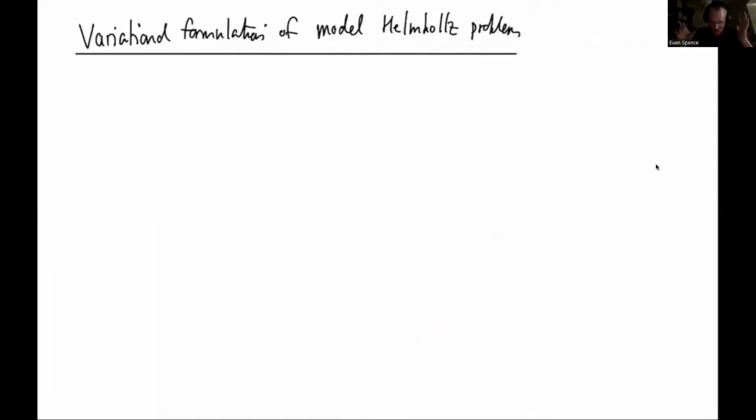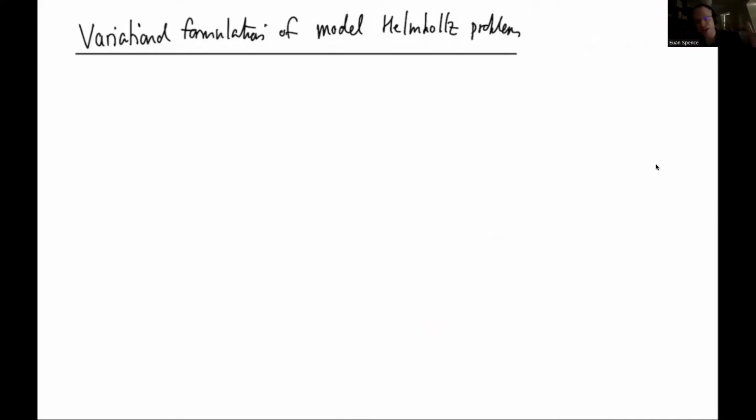Now we're going to find the variational formulation of this model Helmholtz problem. I'm sure all of you have met second order linear elliptic PDEs before, like Laplace's equation or Poisson's equation, and how you found the variational formulations was you multiply the PDE by a test function and integrate by parts.